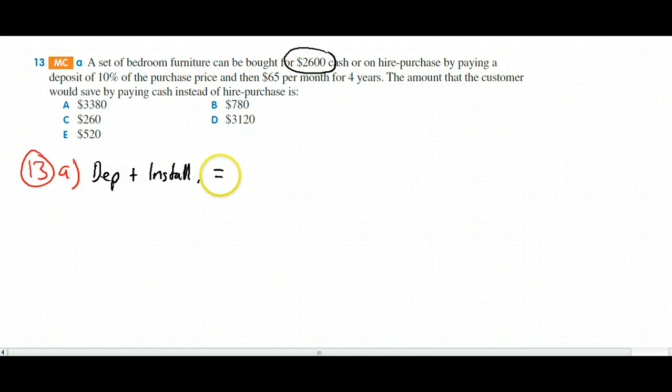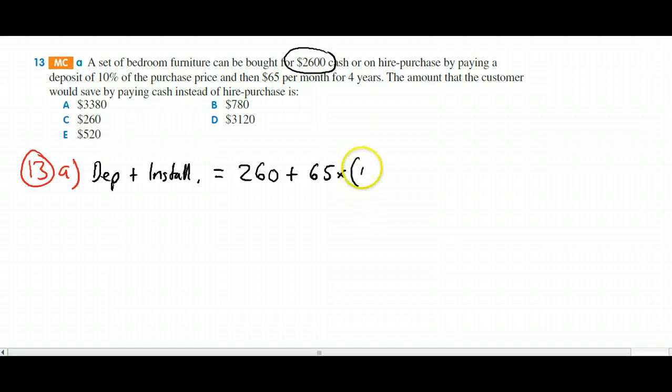Okay, let's work out what the deposit is. It's 10% of the purchase price, so 10% of 2,600, we can straight away see that's 260. And then plus the installments, which is $65 a month for 4 years. So it's $65 times once every month for 4 years.